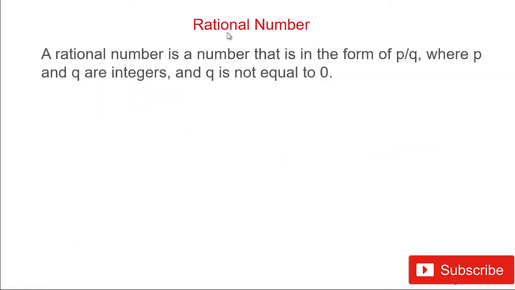Now next is rational number, and the definition of it is: a rational number is a number that is in the form of p divided by q, where p and q are integers and q is not equal to 0. So here we can say the rational numbers are in the form of p divided by q, where q is not equal to 0.